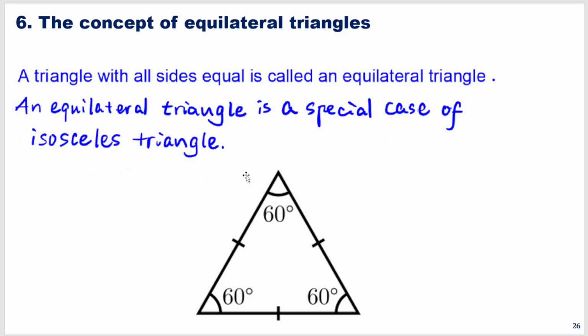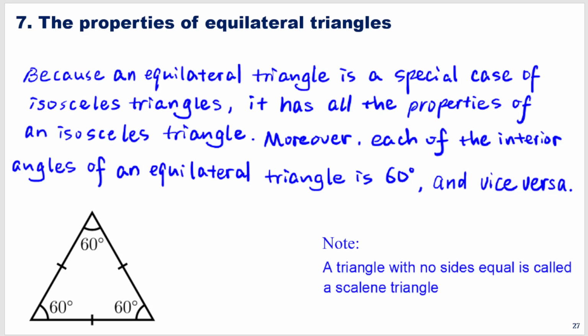So immediately we should know that each of the interior angles is 60 degrees, right? And vice versa. If each of the interior angles is 60 degrees, this indicates that this triangle has equal sides. All of the sides are equal. Cool, can you follow me?